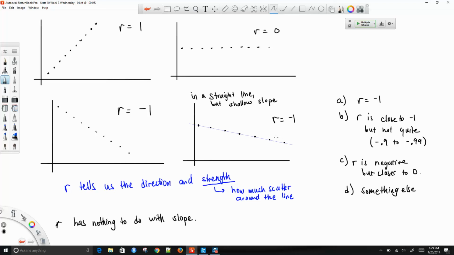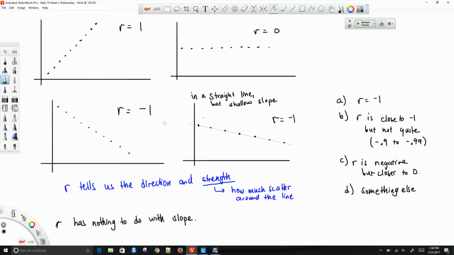Yes, we have a question. If slope doesn't matter, then why is the flat line equal to 0? Because it's strength and direction. In both of these, the direction is negative. Here the direction is positive. Right here, the direction is neither positive nor negative.